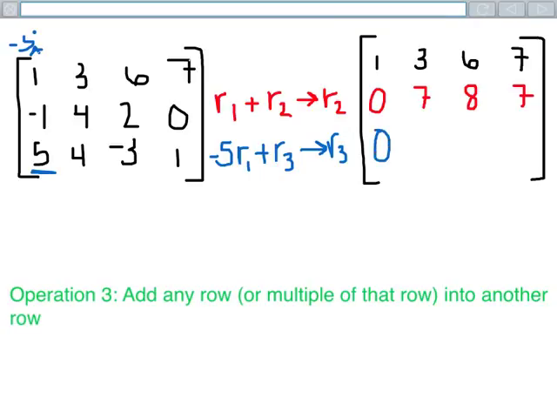3 times -5 is -15. -15 plus 4 is -11. 6 times -5 is -30. -30 plus -3 will be -33.